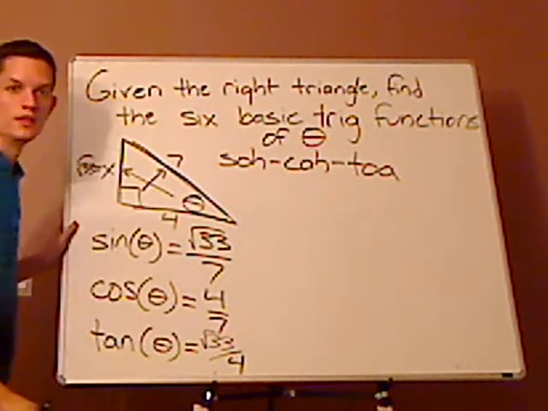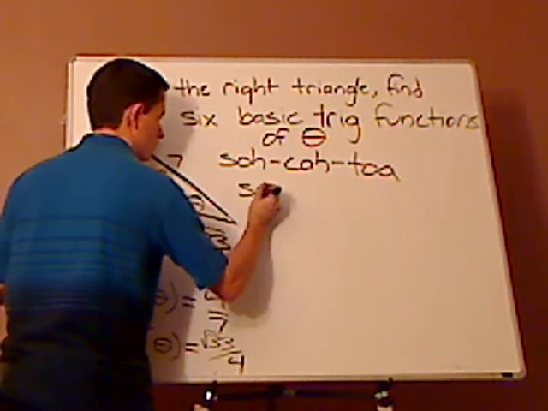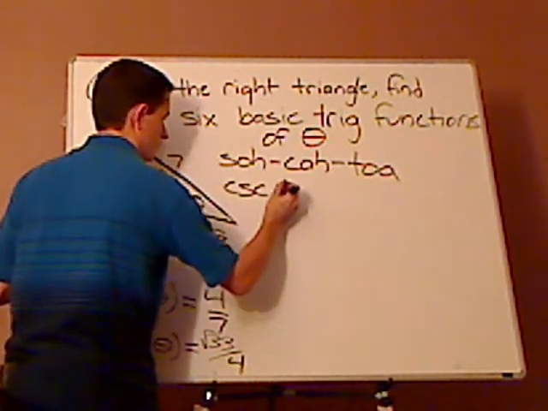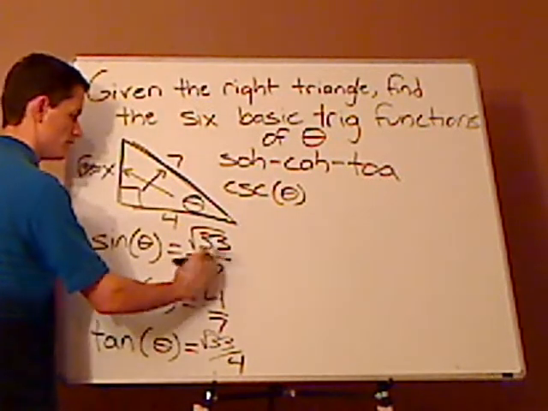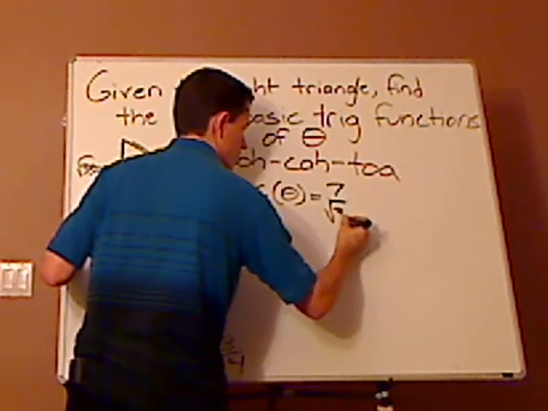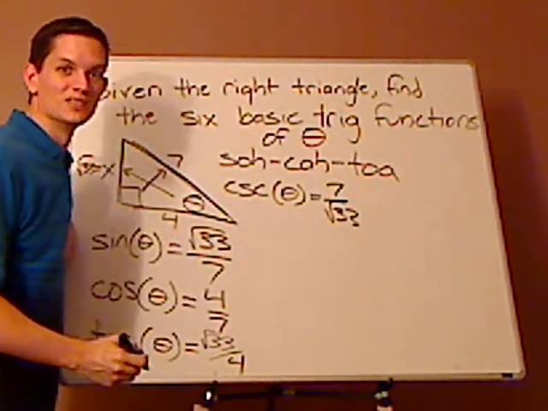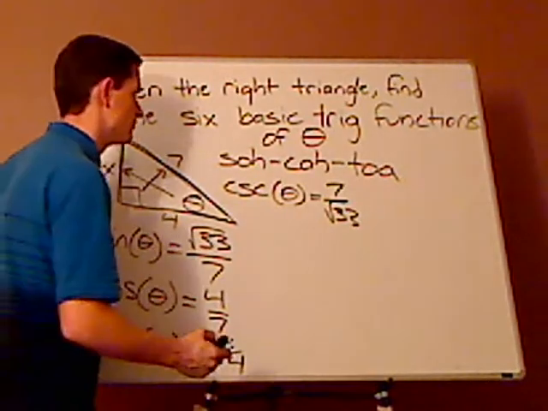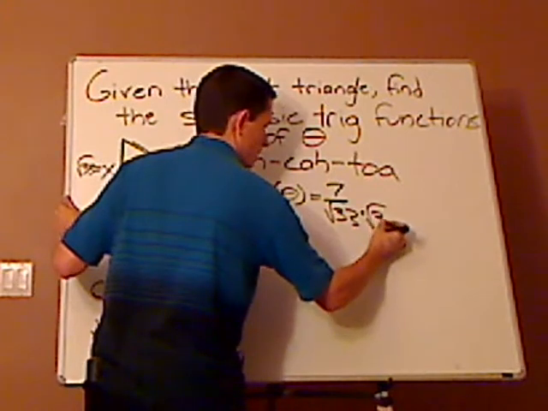Next you have the reciprocal functions. So you have cosecant of theta. You take this and you flip it. So that's 7 over square root of 33. But let's say that they tell you to rationalize the denominator, and sometimes you'll see that in the back of the book, even if they don't tell you to do that.